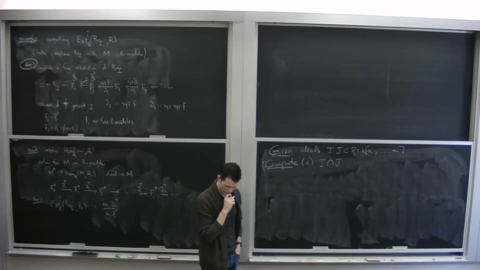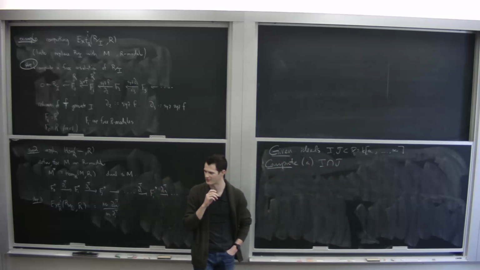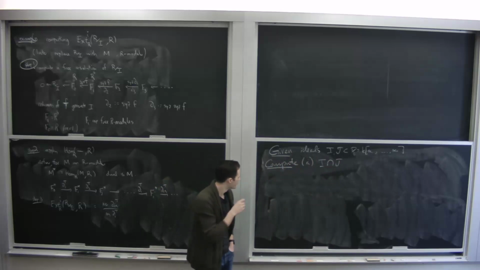The one trick we know in elimination theory is to introduce a new variable and then get rid of it in some way that gives us what we want.